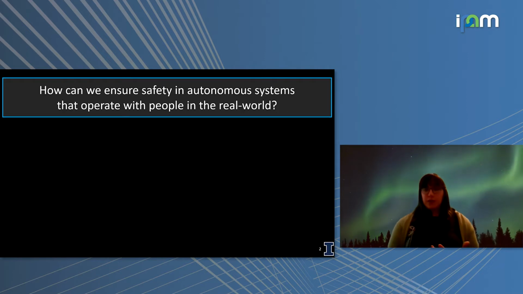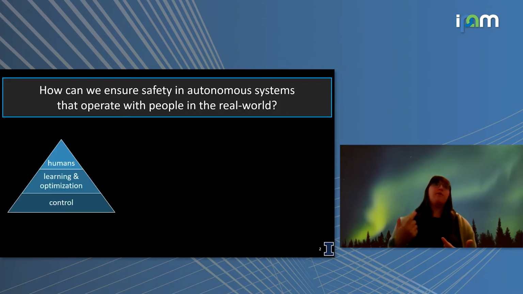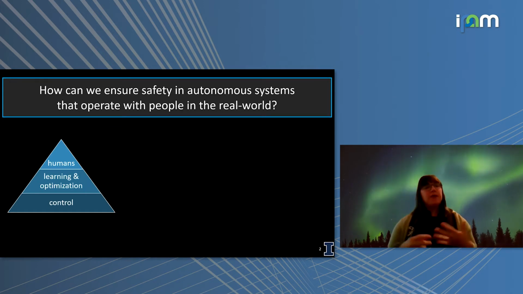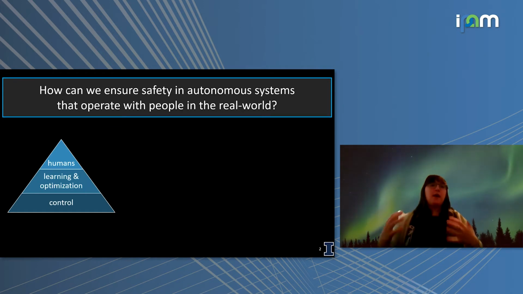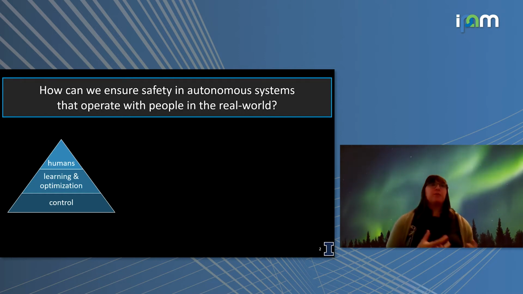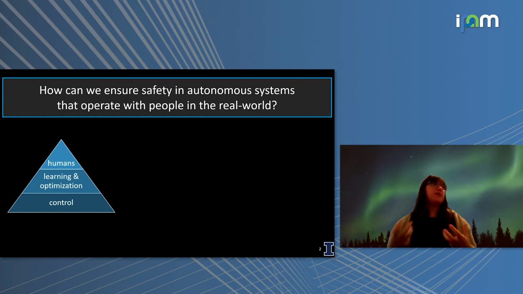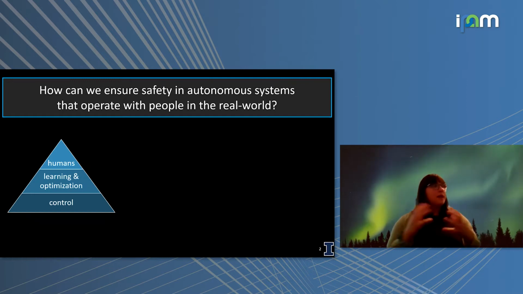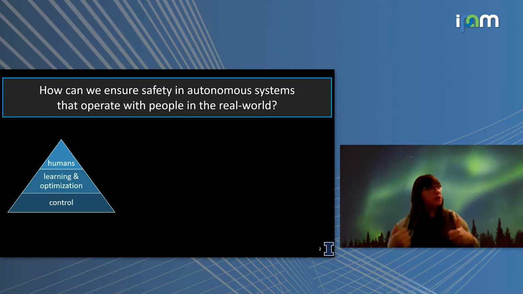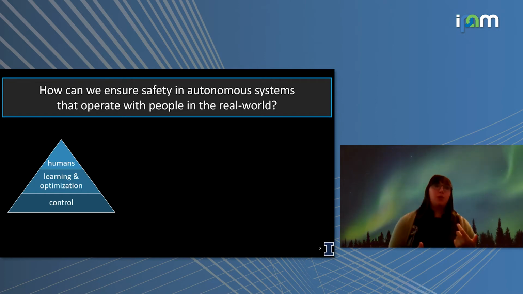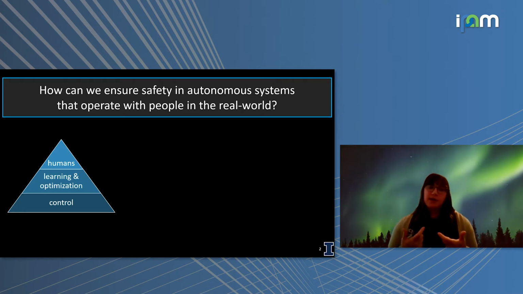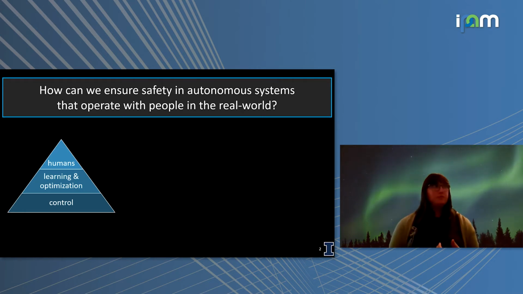To answer this, we look very closely at how humans behave, thinking about how we can develop good models and new methods to capture this behavior, often pulling from tools from learning and optimization. Then we want to combine these with a strong foundation in control, so we can think about how to deploy these systems and leverage these models for safe execution.